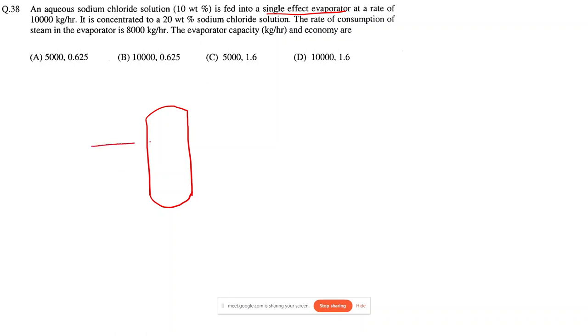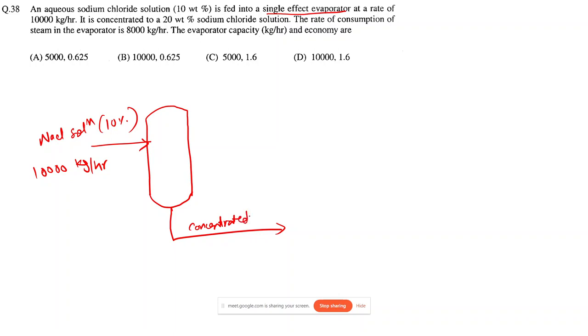So this is our feed, in which we are feeding this NaCl solution of 10 weight percent, and the mass flow rate is 10,000 kg per hour. It is concentrated to 20 weight percent solution. So this is our concentrated product, which is 20 weight percent. We haven't been given the mass flow rate for this.